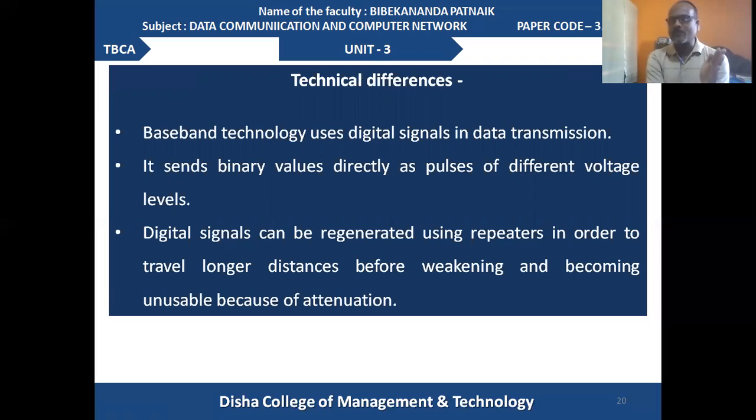So that's why it sends binary values directly instead of using the wave concept, or you can say the analog signal. It can directly communicate with the digital signal. That's why it normally consists of the binary values of no pulse and pulse. And second, the digital signal can be regenerated using repeaters in order to travel longer distances before it weakens and becomes unusable because of attenuation.